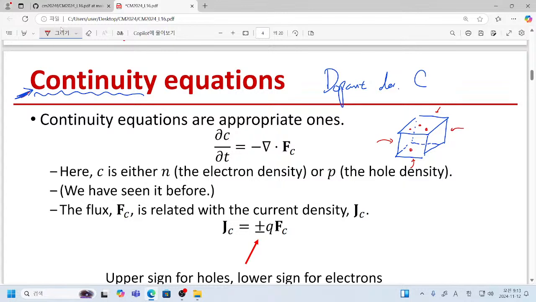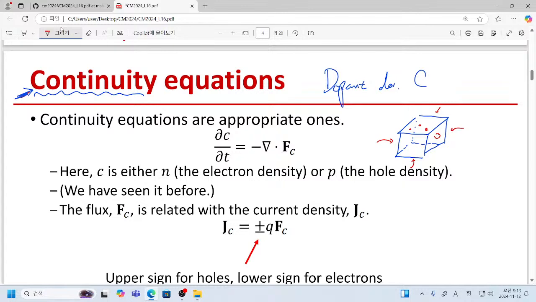Another way is just to create particles. So previously there was nothing, but we can create one particle, or annihilate it, so this pre-existing particle is just gone. In that case we can change the number of particles inside the box.